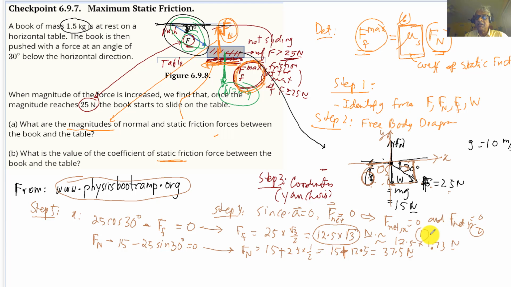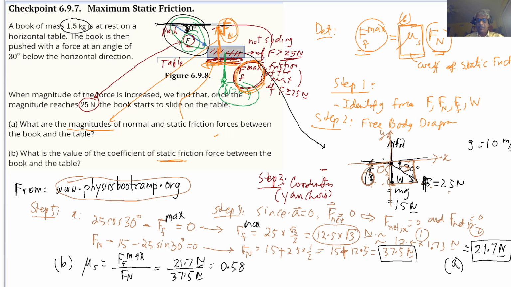Let me pause and give the answer. Okay, so I went ahead and completed this calculation, and so this is the friction force, and this is the normal force. That's part A. I should be careful in terms of labeling them, so I put max here and max here.